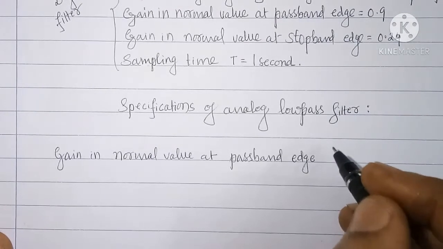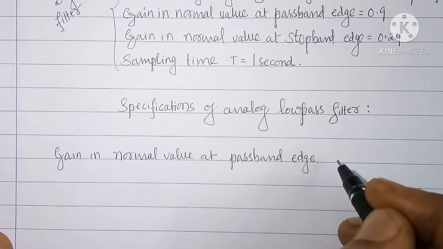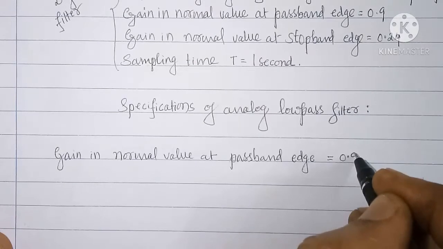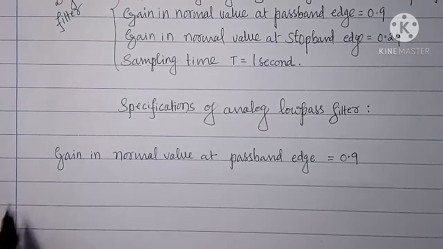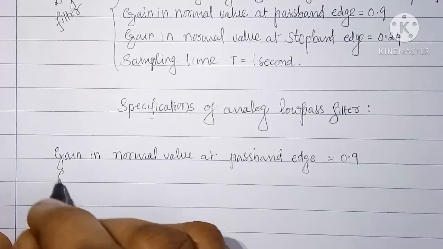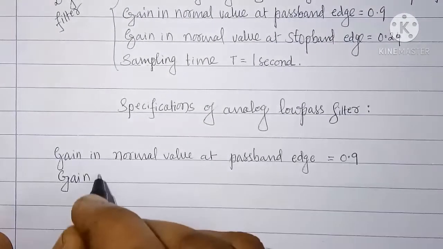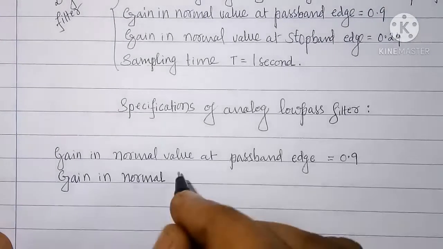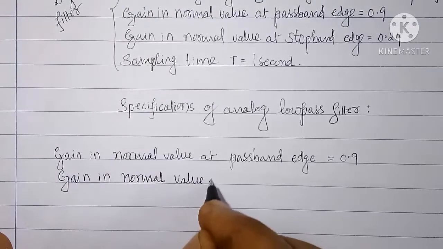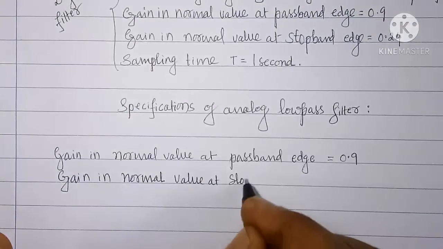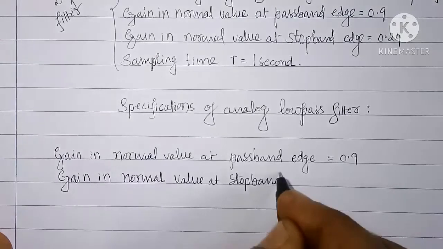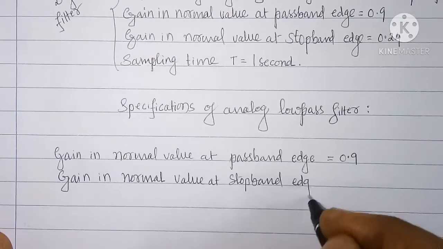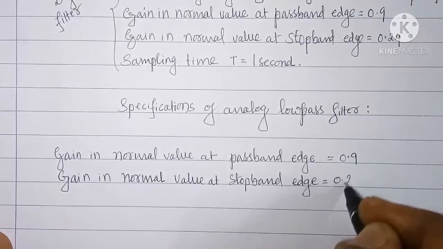We have to keep them as they are. Gain in normal value at passband edge is 0.9. Gain in normal value at stop band edge is equal to 0.24.